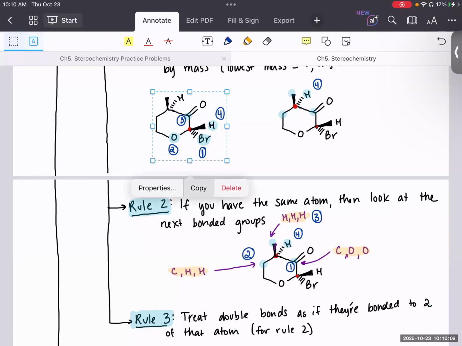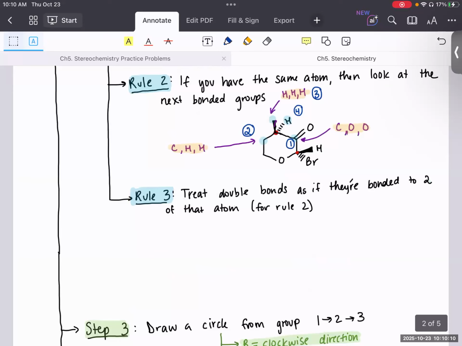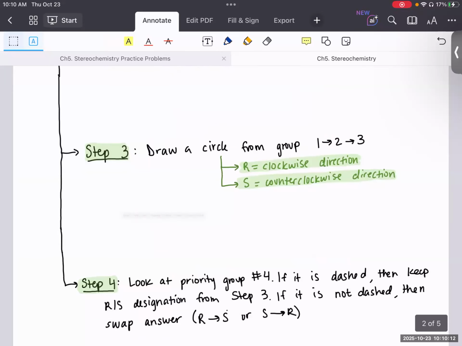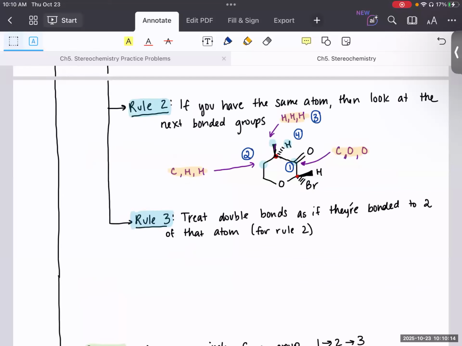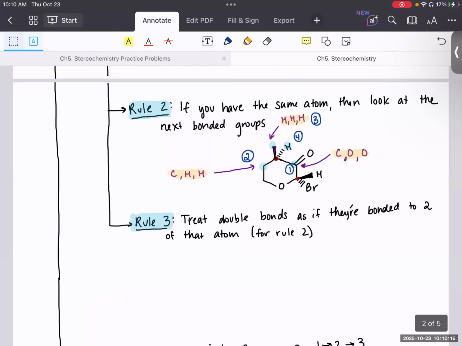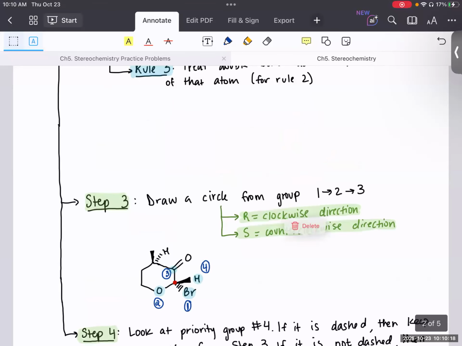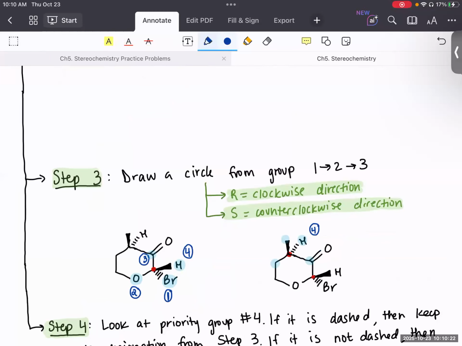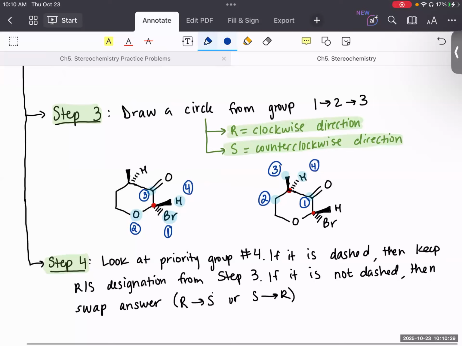All right, so we're ready to move on to step 3. I'm going to copy over those same priorities again, just so we have them, and I'll redraw the priorities here. We had 1 for the oxygen, 2 going here, and then 3 going up. For step 3, we're going to draw a circle from group 1 to 2 to 3.